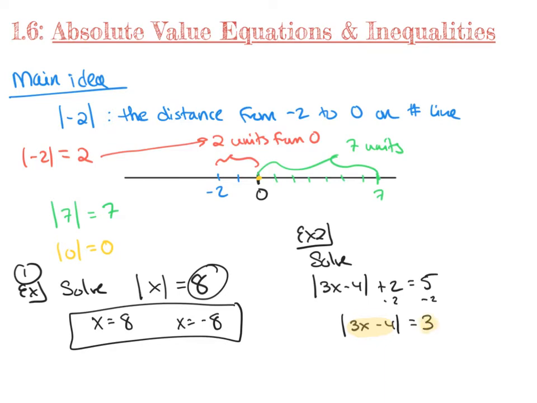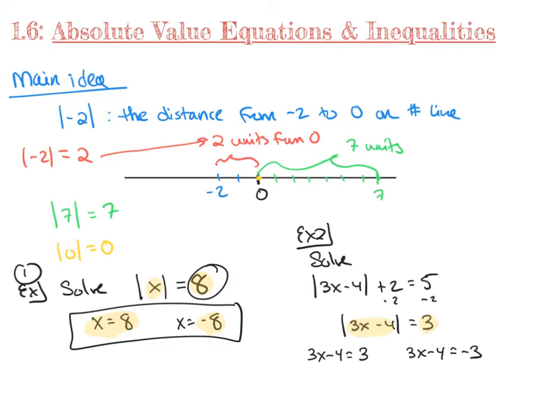Just like in the last example, x could be equal to 8, or it could be equal to -8. Those are two possibilities where we take the absolute value of that number and it spits out 8. So likewise for this problem, 3x minus 4 could be equal to 3, or 3x minus 4 could be equal to -3.